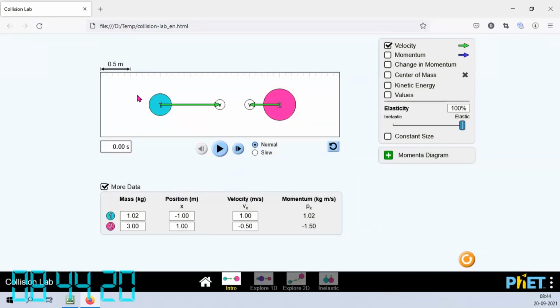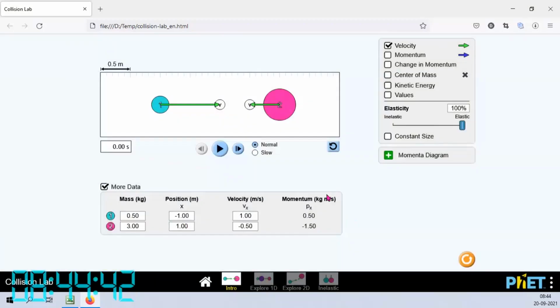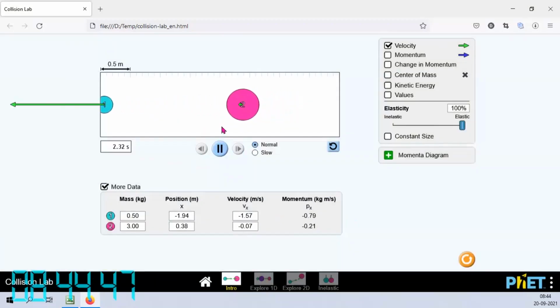So what happens if a body goes and hits a big body? It is just like a bike going and hitting a bus. What will happen? The bus will hardly move. Okay, so reduce it to 0.5. Okay, so I run the simulation.